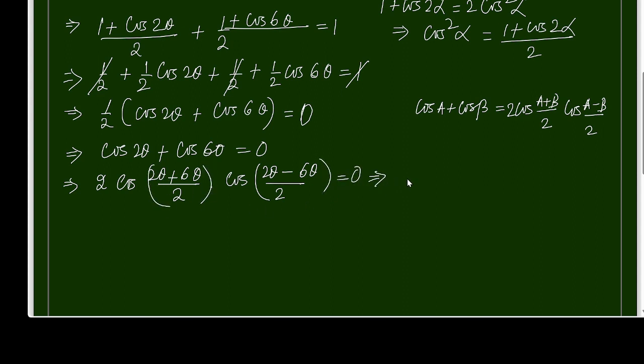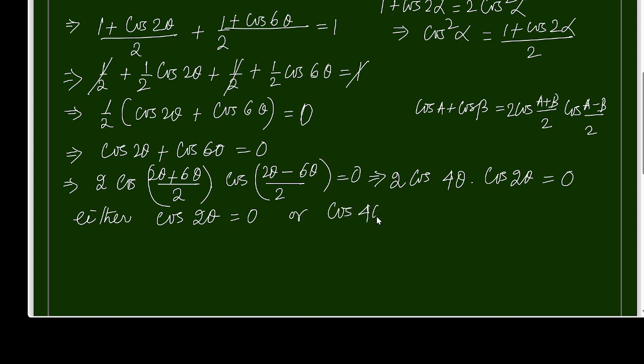This gives us cos 4θ times cos(−2θ). We know that cos(−θ) is the same as cos θ. So this is equal to 0. So either cos 2θ is 0 or cos 4θ is 0.